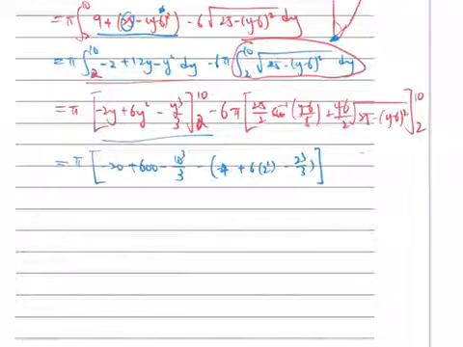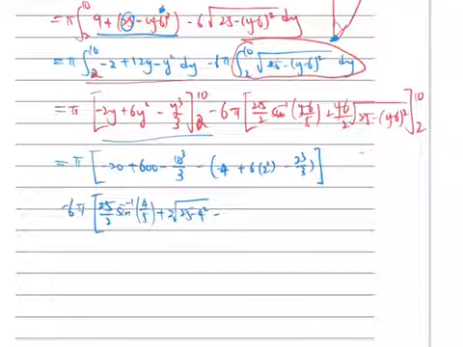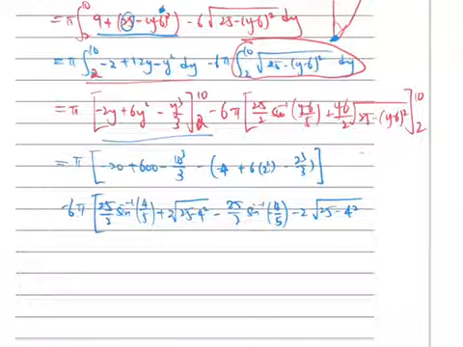So this is the first part. And then minus 6 pi, the second part, it is 25 over 2 sine inverse of (10 minus 6), which is 4 over 5, plus 2 root of 25 minus 4 squared, minus 25 over 2 sine inverse of, when this is 2, it is minus 4 over 5, and then minus 2 root of 25 minus 4 squared.